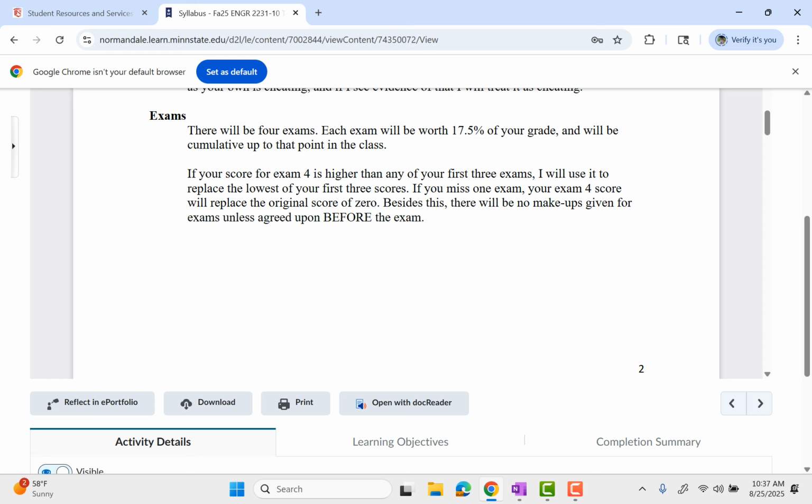So say you get a 65 on exam two and a 92 on the final, then that 92 replaces the 65 on exam two. So that lower score doesn't have to count, and the final counts as itself. It's just a way to replace one test that goes bad. That just happens sometimes.